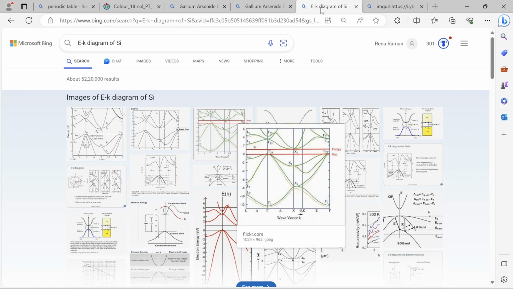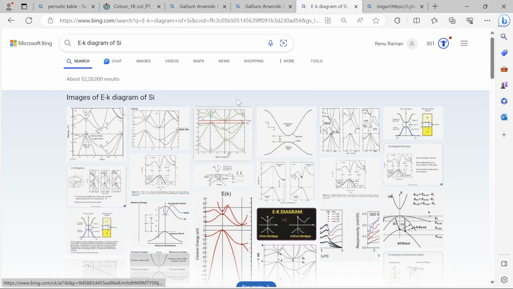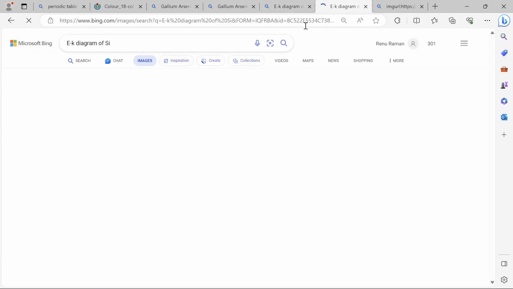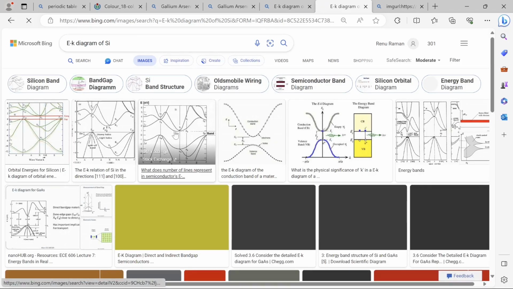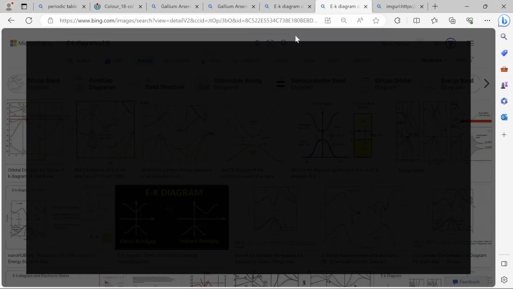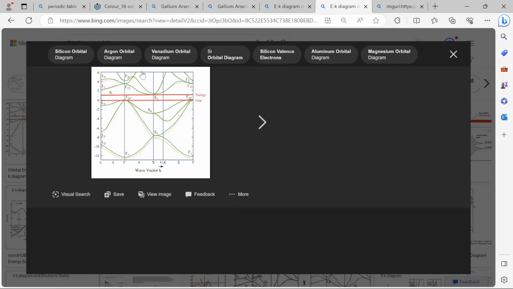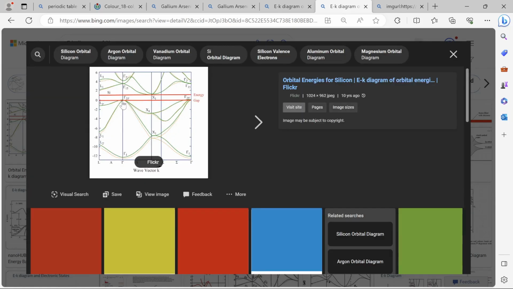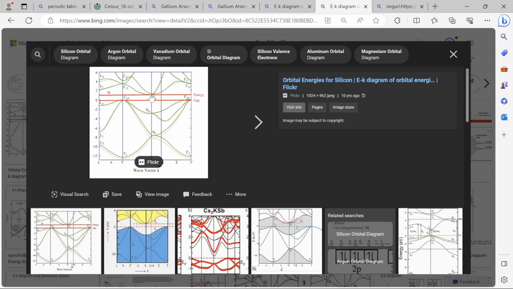If you look at the diagram of silicon, you see the peak is here, and the dip is at a different k value. You get this diagram from DFT calculations or some other calculation. Since the k values are different, this is an indirect band gap semiconductor.